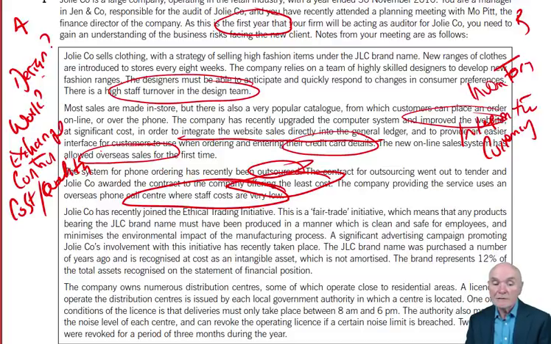The other danger is almost a cultural danger. How will our customers like talking to an overseas call centre? And if the staff costs are low, what are the language skills like of the people being employed there?